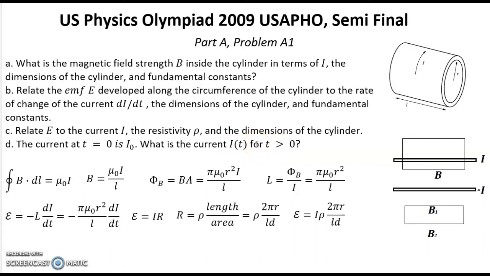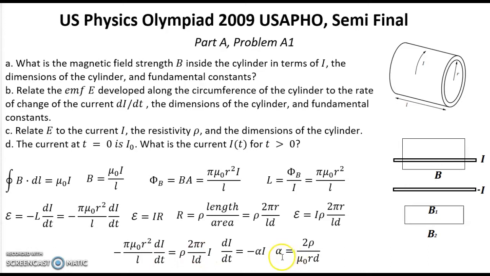To answer this question, we can just combine this expression for EMF with this expression, and that will give us a differential equation, this one. Now we can rewrite it in simple form, where the coefficient alpha equals this expression.